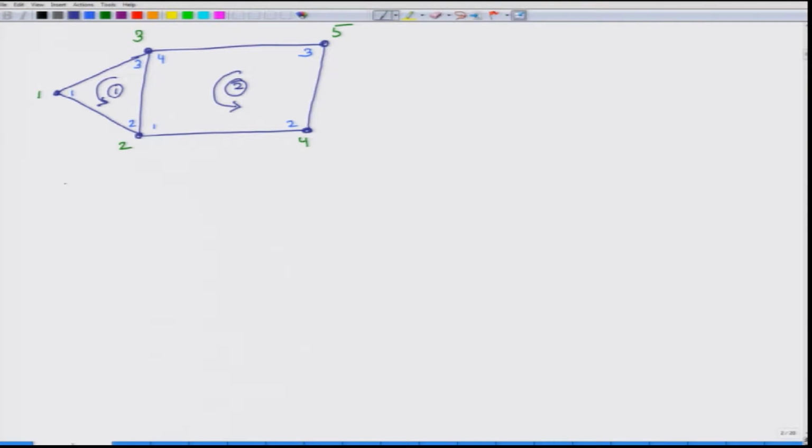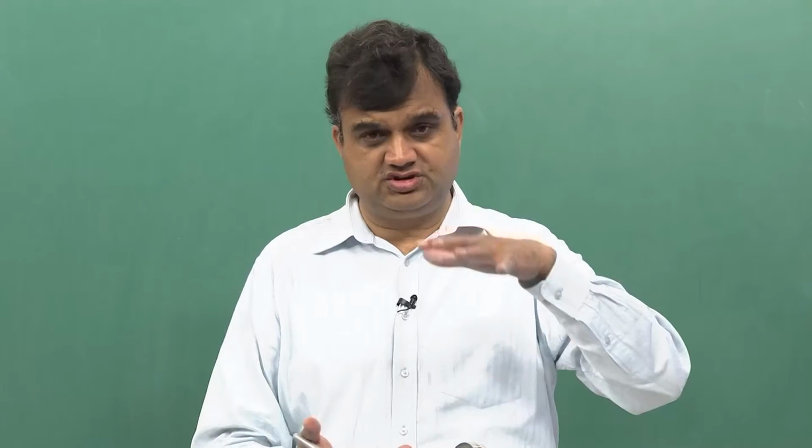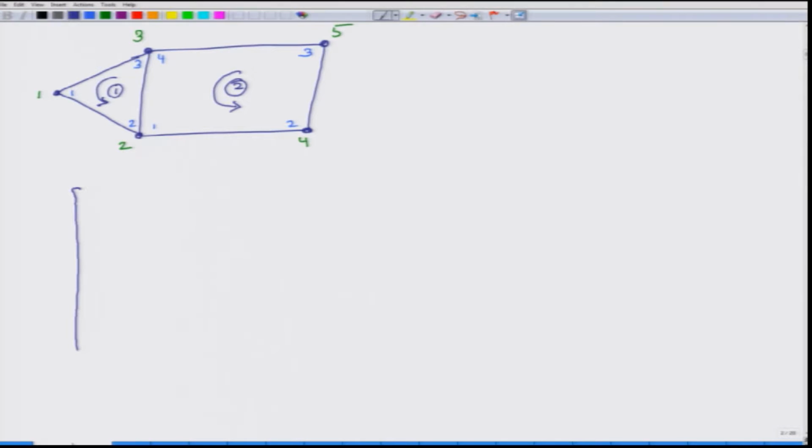So, when I do the assembly, how many equations will I get? 5 equations, 7 equations will get compressed to 5 equations. So, I will have a K matrix which will be 5 by 5.